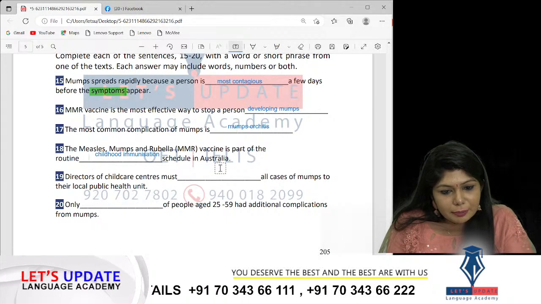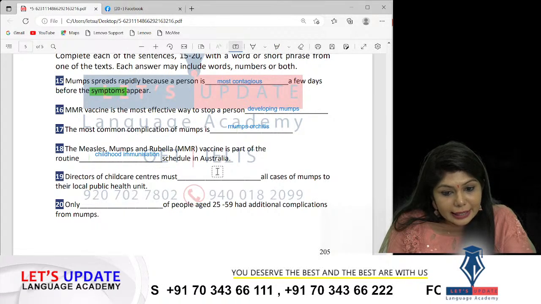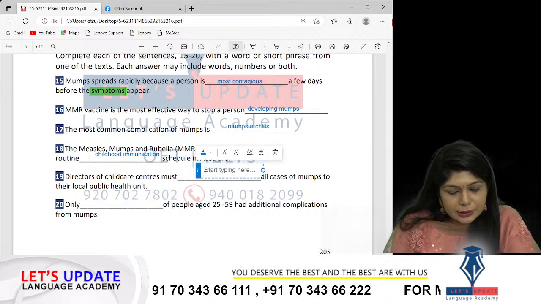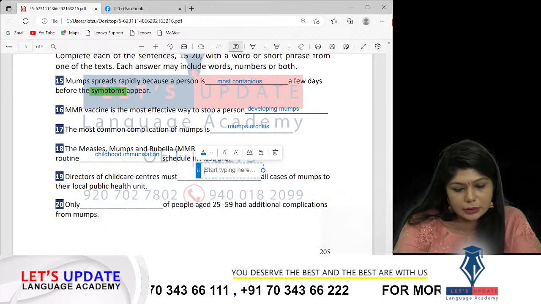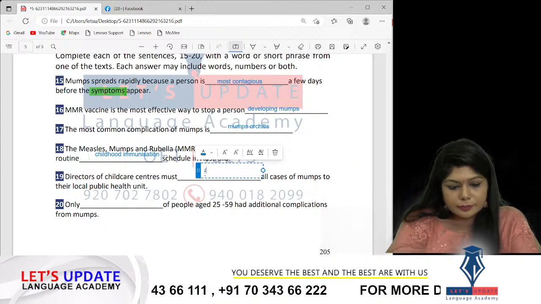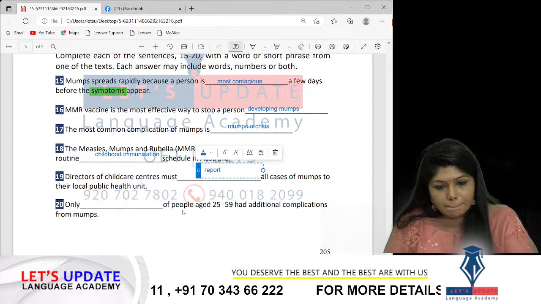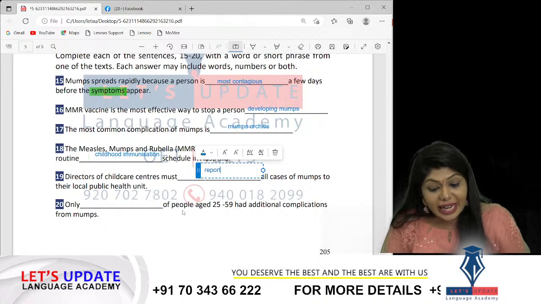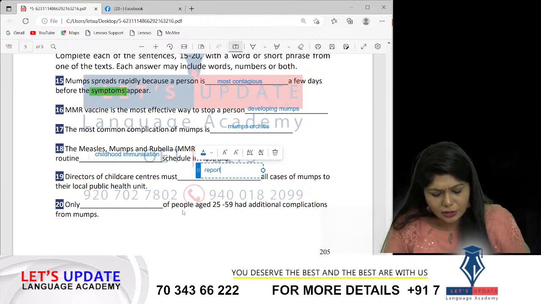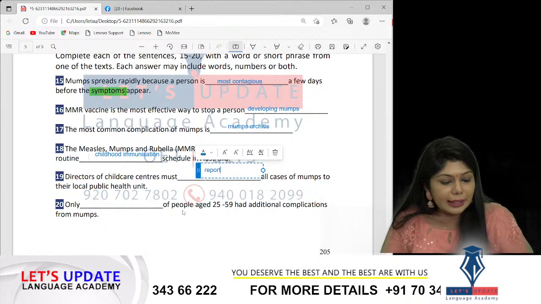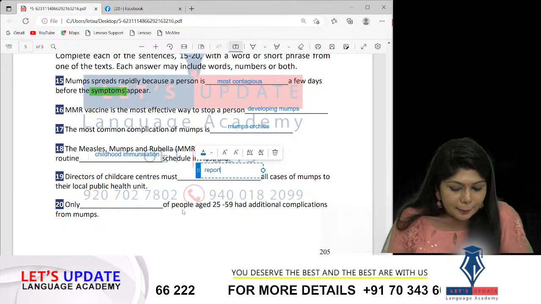Only dash of people aged 25 to 59 had additional complications from mumps. That is the question. So they are talking about additional complications. We did come across that in text 3 or text C, right?